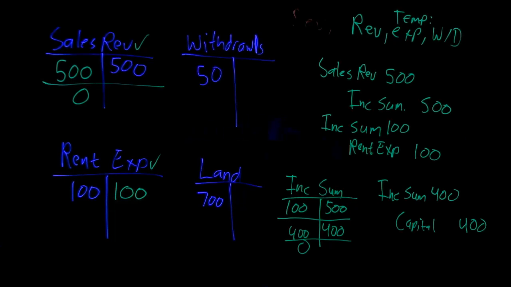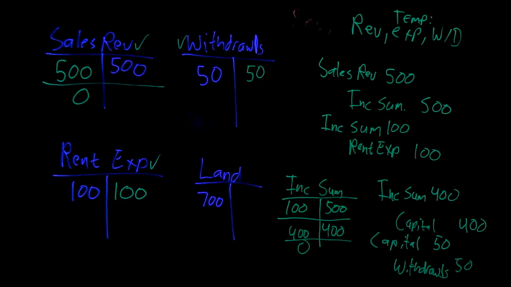To close out our $50 debit balance in withdrawals, we would have to credit it $50, and the debit side is going to be to capital. So we debit capital for $50, and we credit withdrawals for $50. Now we've closed out our revenue, expense, and withdrawals accounts.